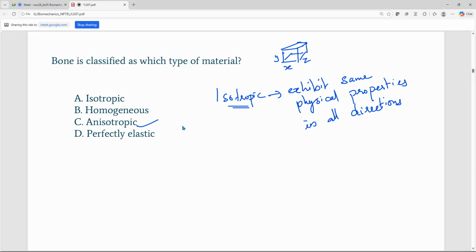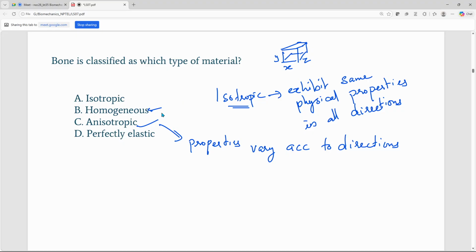But anisotropic is the opposite of isotropic, where the physical properties will vary according to the direction. Such materials are known as anisotropic materials. Homogeneous material, I think everybody knows what homogeneous is.